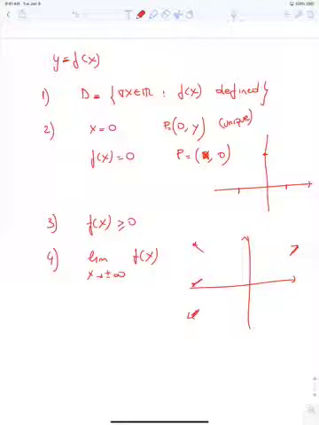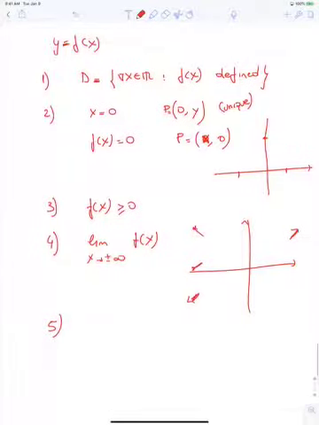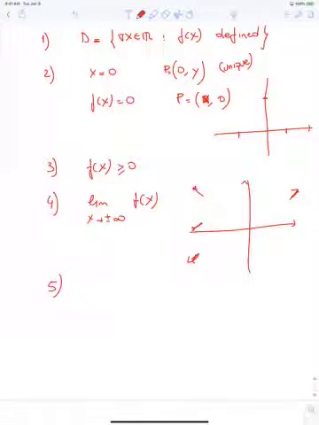And then, in order to study when f of x is increasing or decreasing, what we're going to do is study f prime of x, the derivative, greater than or equal to 0.